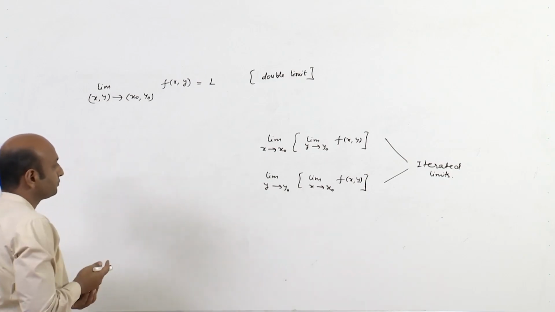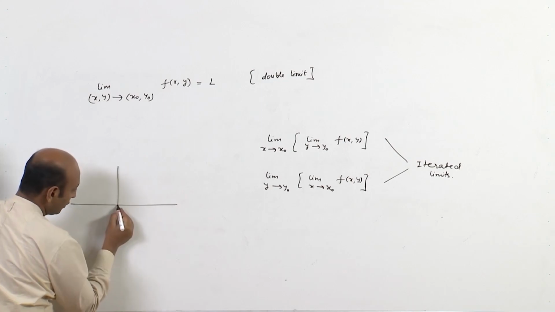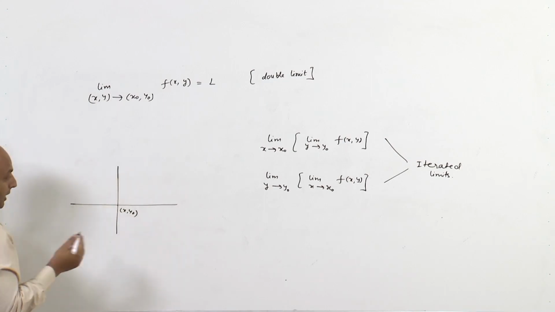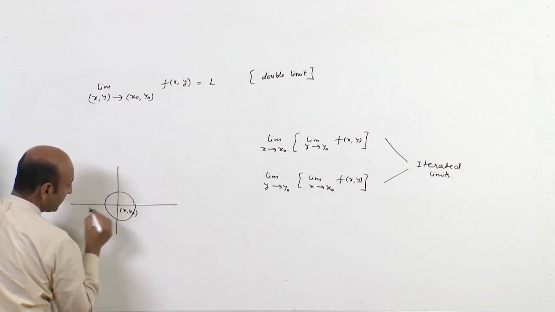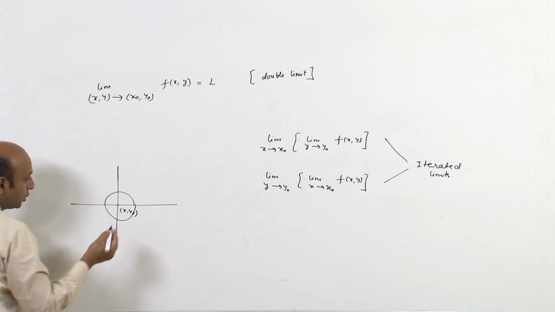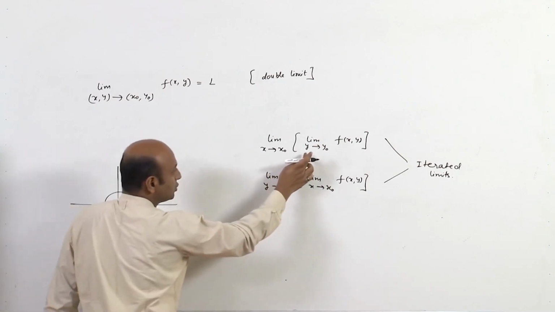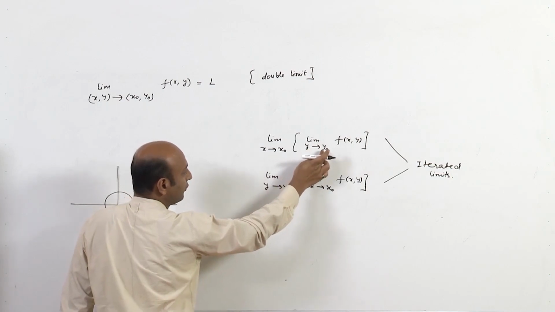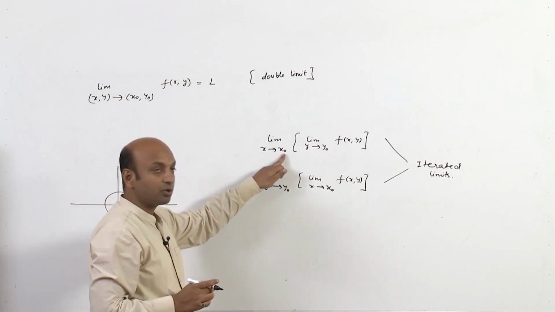Now if you take (x naught, y naught) here, and you take a neighborhood of this point centered at (x naught, y naught), you take any (x, y) in this disk. This means you first take y tend to y naught keeping x constant, and then you take x tend to x naught.